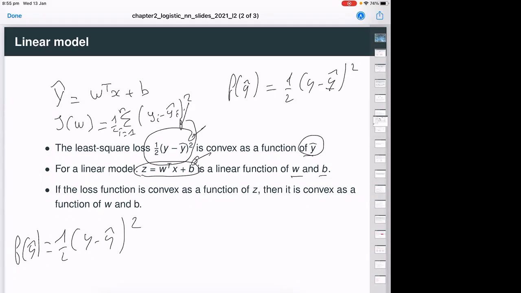One. So it's positive. Christina, we do it step by step. The first derivative is minus y plus y hat, and after this, I take again the derivative, which is 1. No silly mistake. It's good to make a mistake.